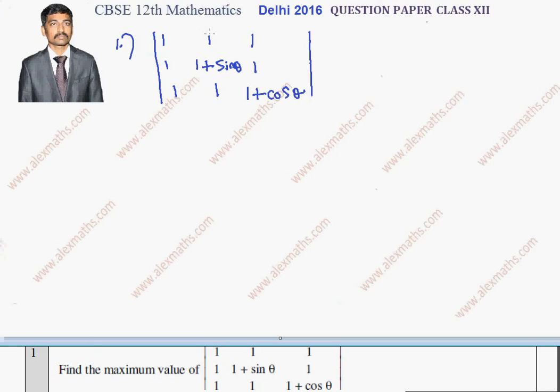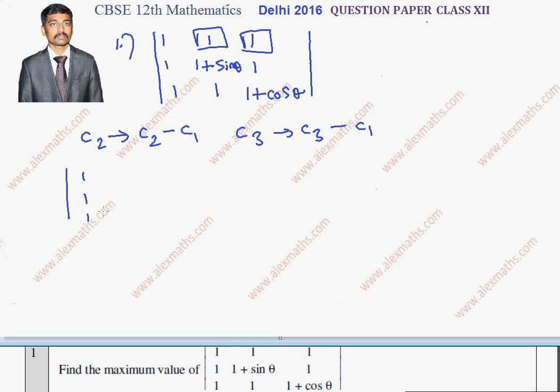For this, if I make two zeros, it will be better for me to expand. So for this, I am going to do column 2 gives column 2 minus column 1 and column 3 gives column 3 minus column 1. So first column we are writing as it is. Second column 2 minus column 1, so this becomes 0, then sine theta, then 0.